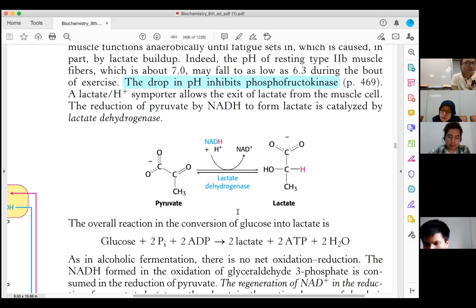So it accelerates the chemical reaction in both directions, from pyruvate to lactate or from lactate to pyruvate. So what is the advantage of this? Yes, exactly. You can reach the equilibrium and you can reuse, always depending on the concentration of pyruvate and lactate. So that is the advantage.